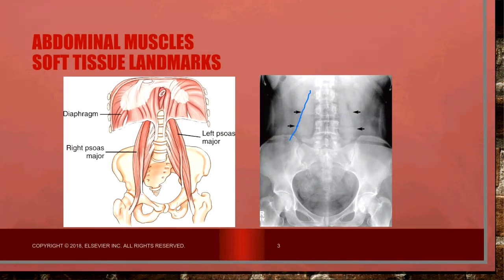So that's the lateral border, this border right here on either one. Proper exposure factors were used on that particular image. You can see all the soft tissue, you can see that they've included the pubic symphysis, they do have a marker, and you can see the outline of the right and left psoas major muscles.